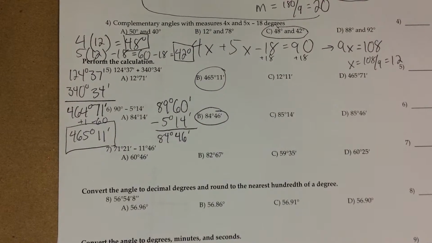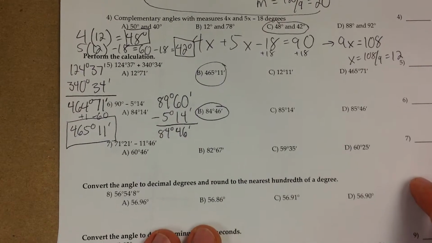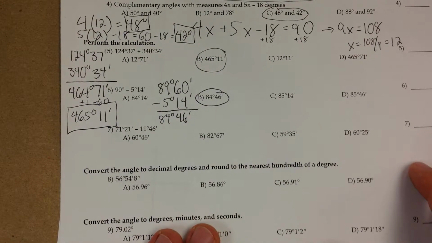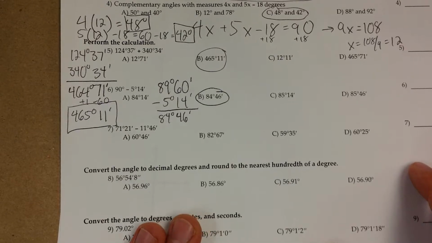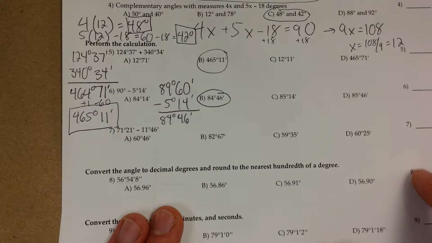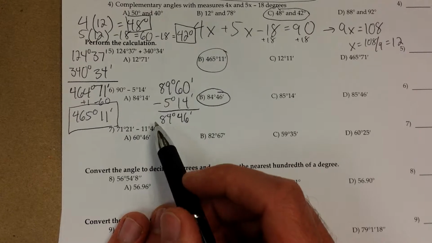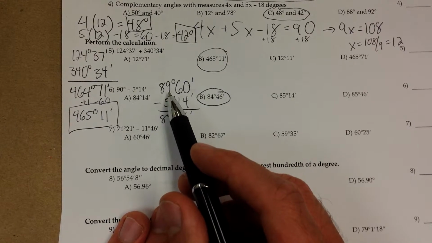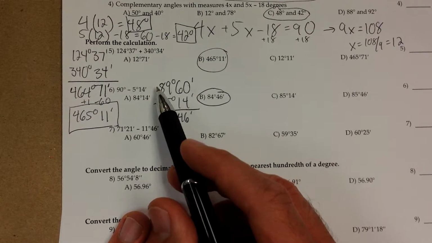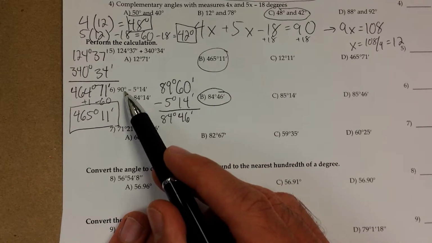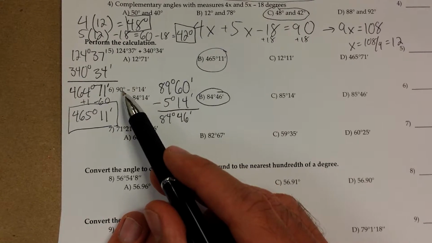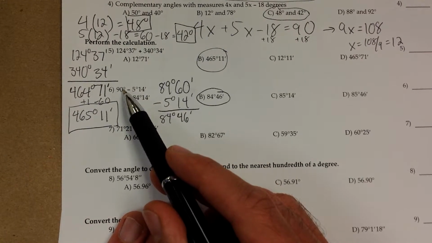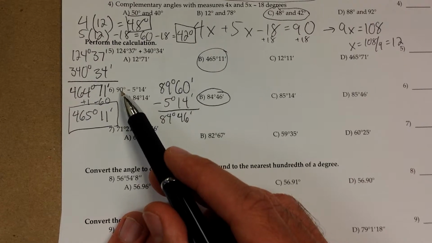And Nikki B, how could you approach number 7? Actually, I don't know how to do this one because for the minutes, I got a negative number. So if you do something similar to what Chowan did, whenever the minutes in the first number are less than the minutes in the second number, you can borrow a degree and add 60 minutes, because 60 minutes is equivalent to 1 degree.